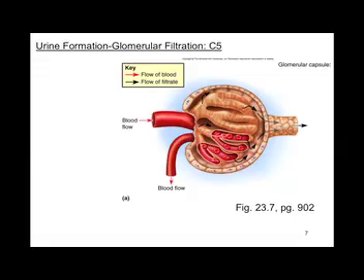We have something called autoregulation, specifically what's called renal autoregulation. This refers to the ability of the cells of the nephron to regulate the filtration rate on its own. There are local factors.